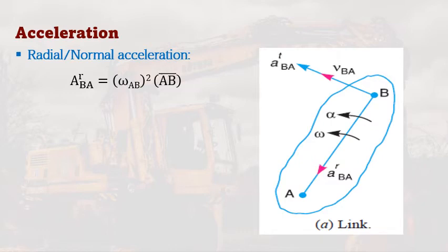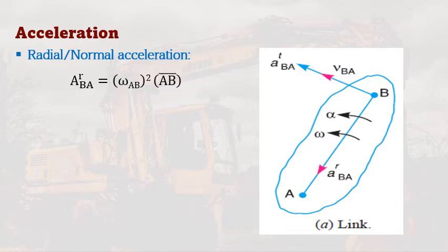For this link AB, the velocity of point B with respect to A is perpendicular to the link AB, as you can see here. The velocity of B relative to A is this line, which is perpendicular to the link AB.